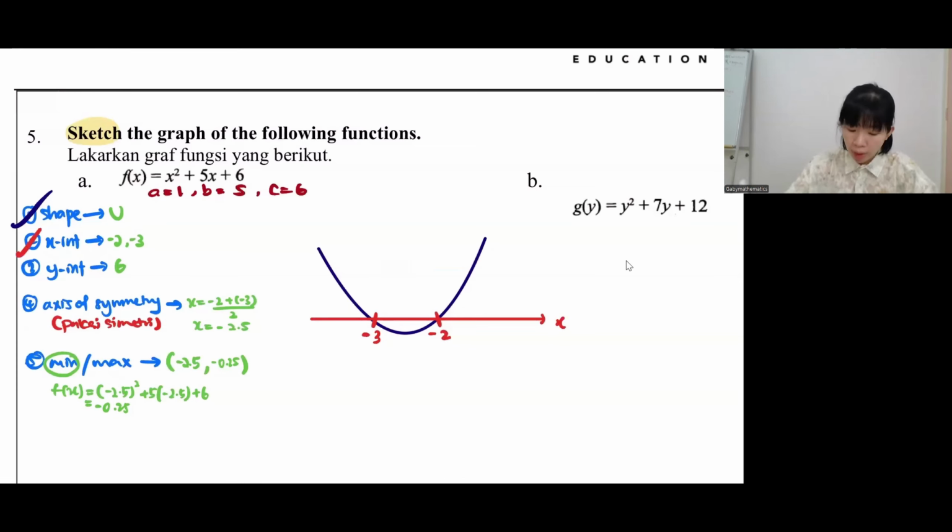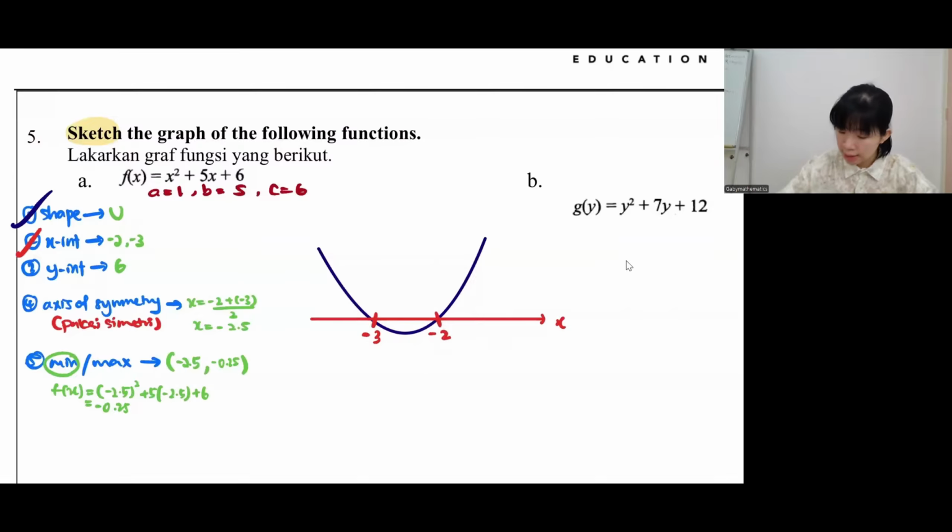Okay, how about the y-intercept? Y-intercept is 6. If you want to label 6, first you must know where to place the y-axis. If I put the y-axis exactly in the middle, logical or not? The y-axis must be at 0. So here negative 3, here negative 2. The middle cannot be 0, right? So the 0 is on the most right-hand side. Negative 2, then here must be 0.